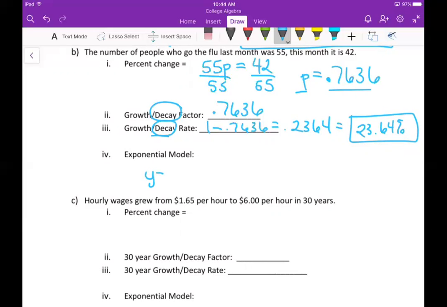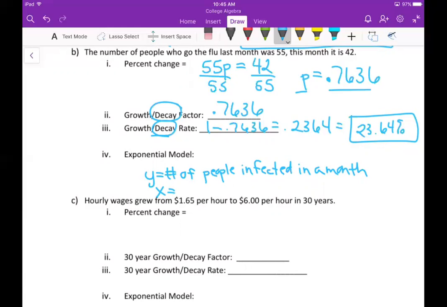So the model here, if y is the number of people infected, if we want to know the number of people that are going to get the flu, and this is just in a month. So think about the numbers we're getting there. Those numbers are just how many people get it each month. X in this case is months passing.